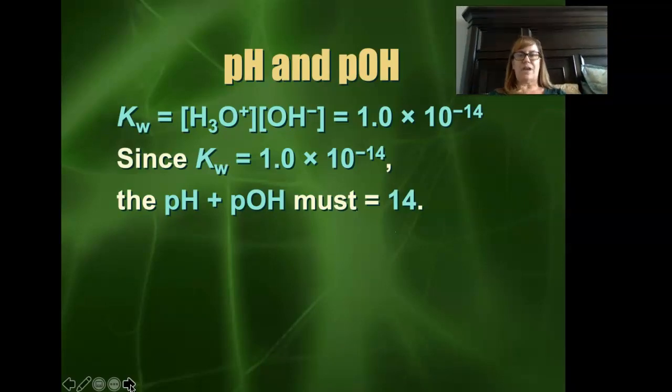So now if I know a concentration of hydronium, I can find the pH. I could find the concentration of hydroxide. If I know the pH, I can find the pOH by subtracting the pH from 14. If I know the hydroxide ion concentration, I can find the pOH as well. So all of these are intertwined.